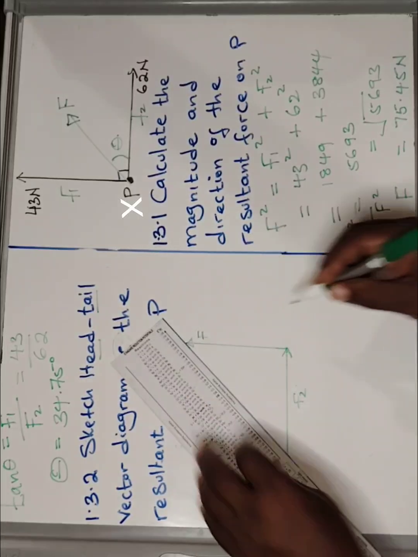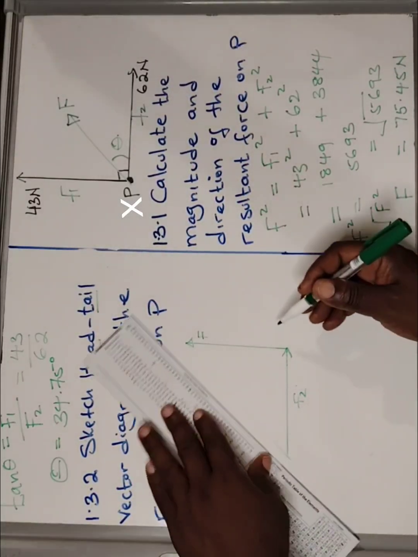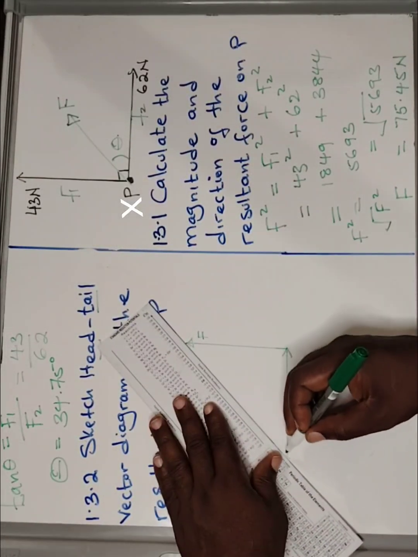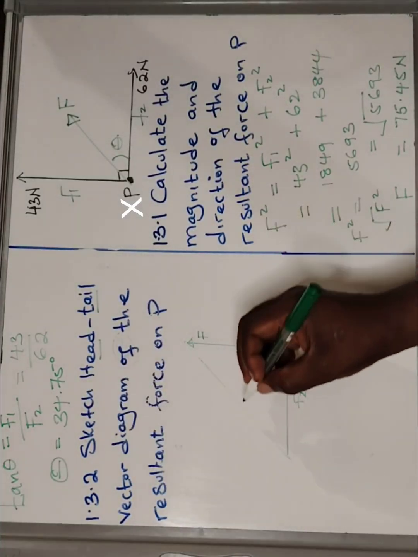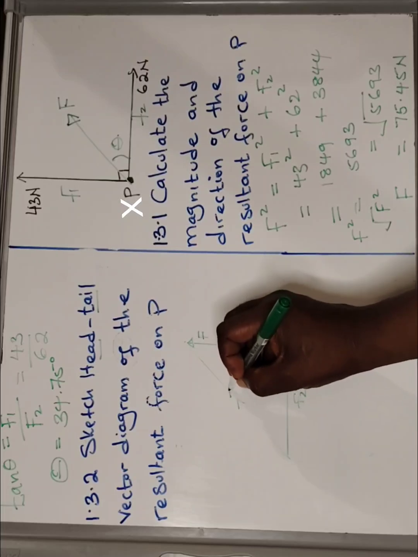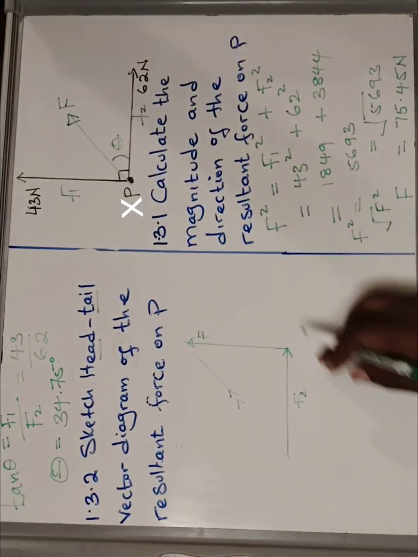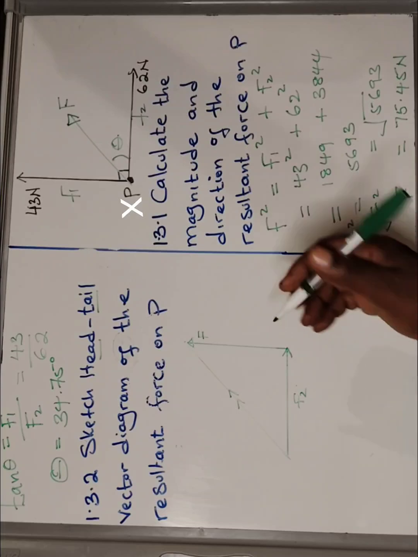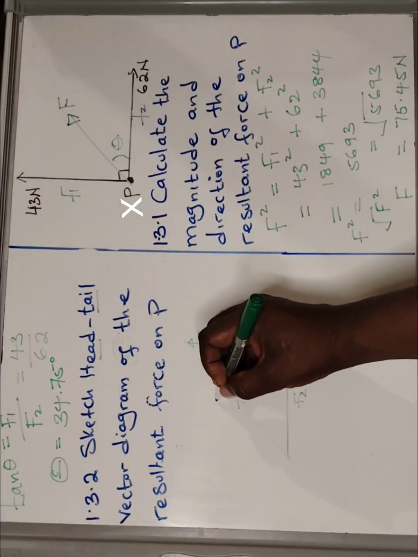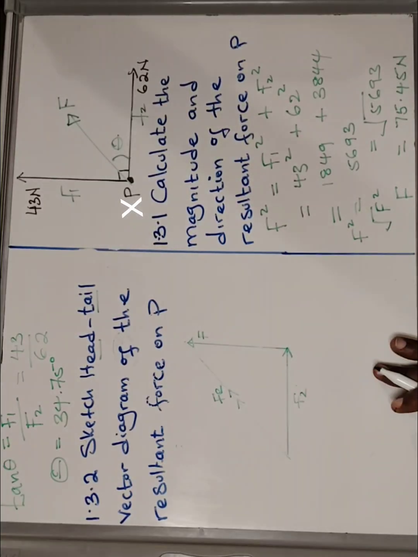You show it there. And you must not forget that the direction is very important. The direction is that one. So what you have here is our head to tail vector diagram indicating the resultant. And this one is the resultant force, or F net, as the case may be.